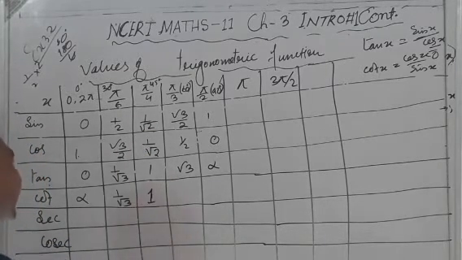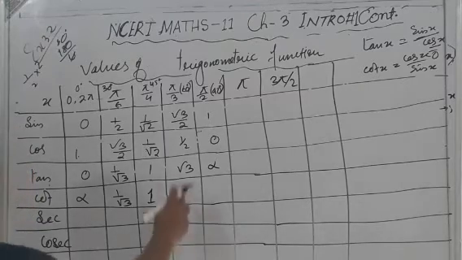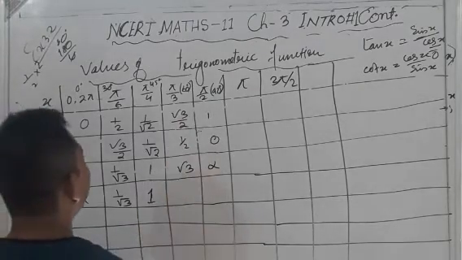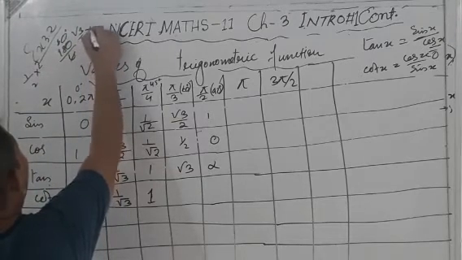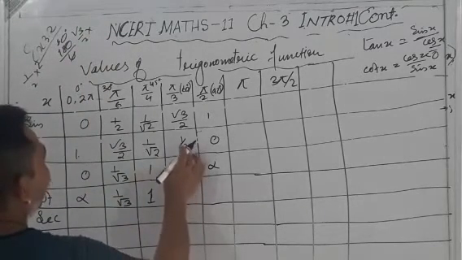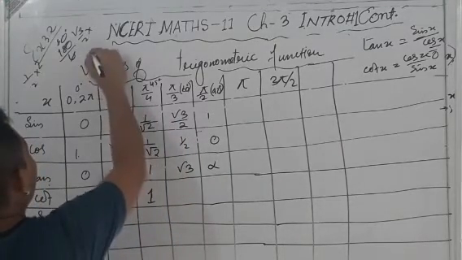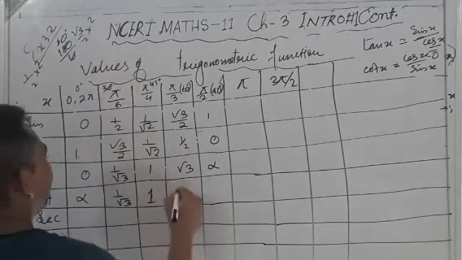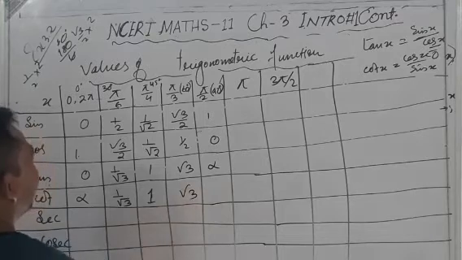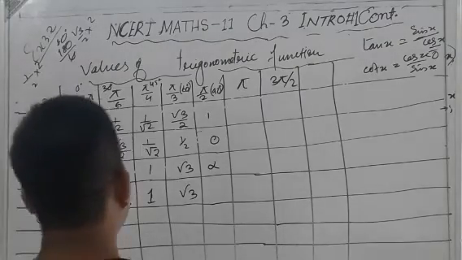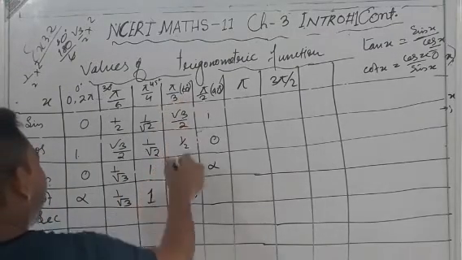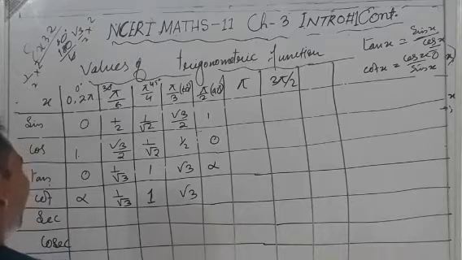And then next, this one and this one. So root 3 by 2 into 2 by 1. So it will be root 3, correct? Okay, tan and cos are equal where? At 60 degree. Okay, at 60 degree, tan and cos are equal.